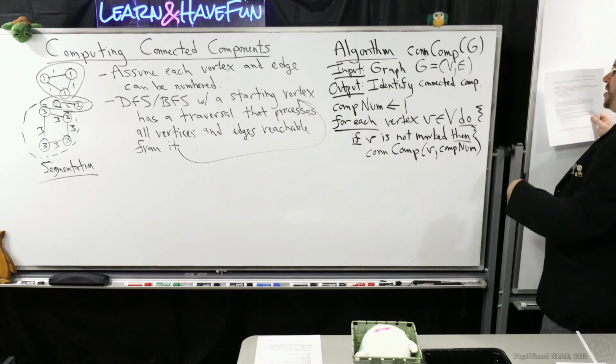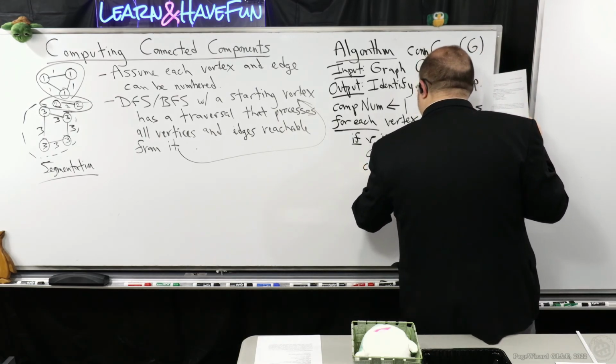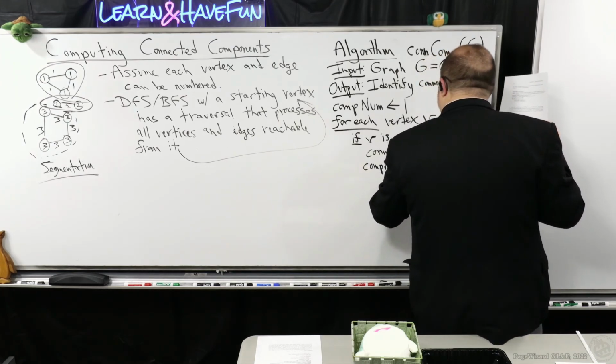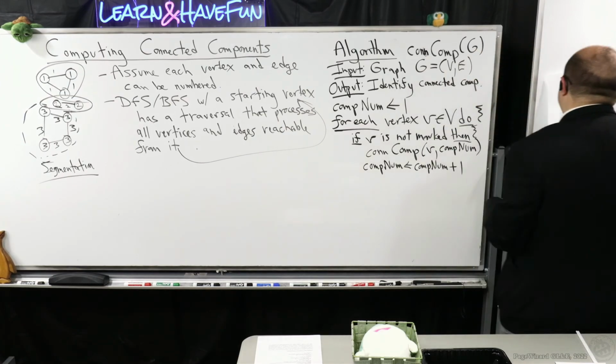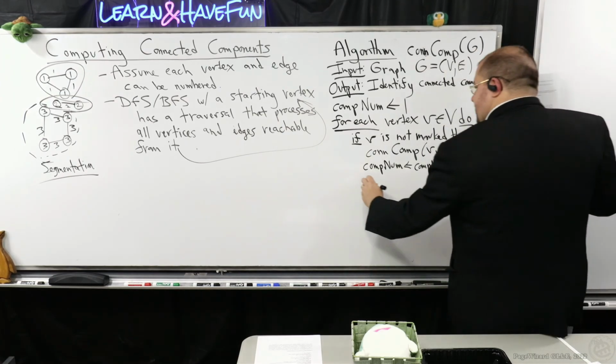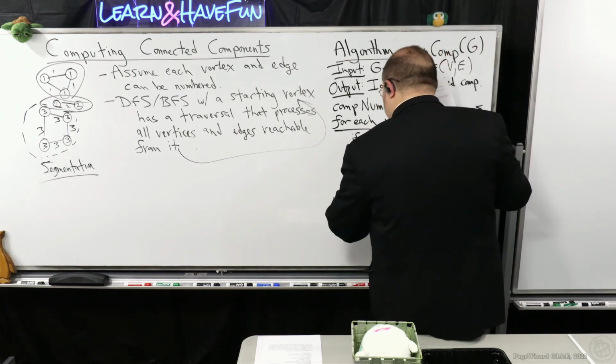And then we're going to update comp num to be incremented by 1. So comp num is going to be comp num plus 1. And that's the end of the if statement, and that's the end of the for each loop.